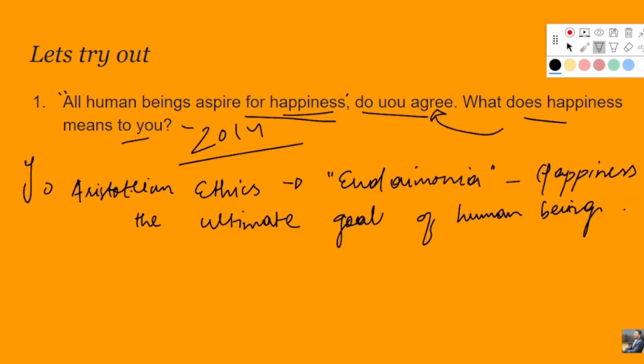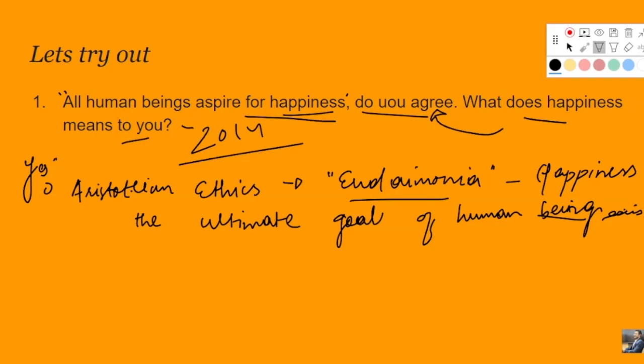By saying that yes, I agree with that statement because as per Aristotelian ethics, eudaimonia is the supreme or ultimate goal of human existence, right? It is the ultimate goal of human existence.